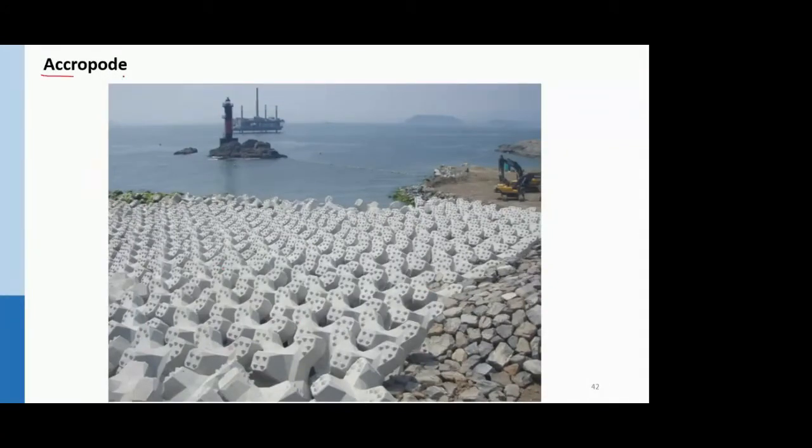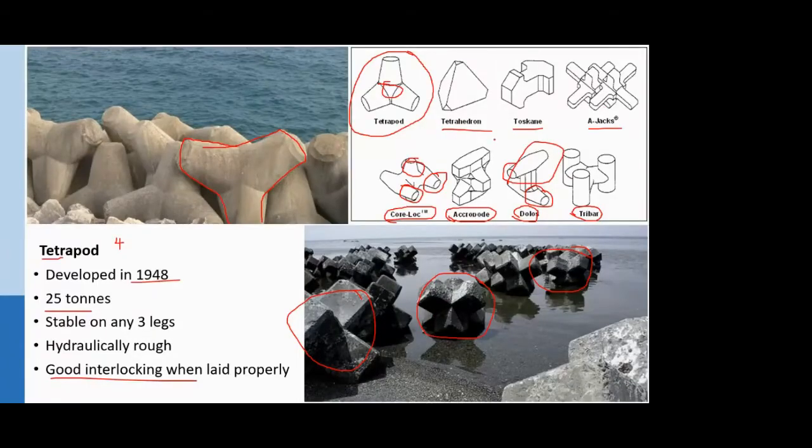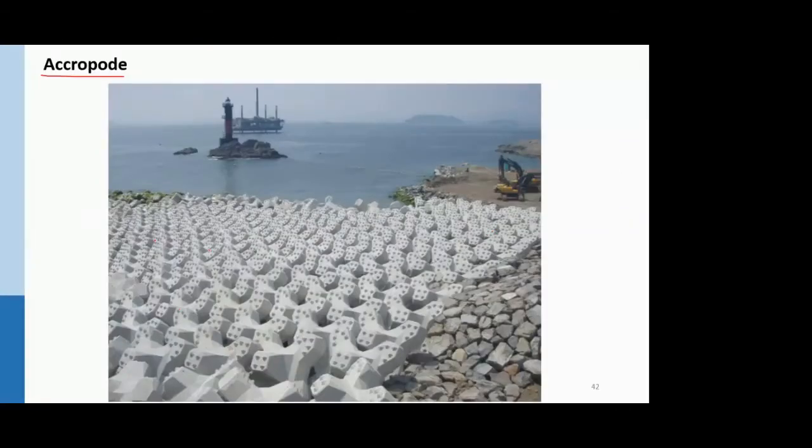This is an example of an acropod. So such blocks are also used. Now you can see that it's somewhat a harbor side, and for breaking the forces of waves towards the land area, they have placed the acropods over such a vast area.